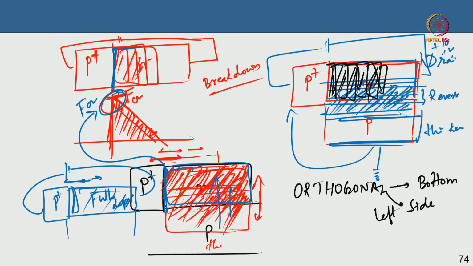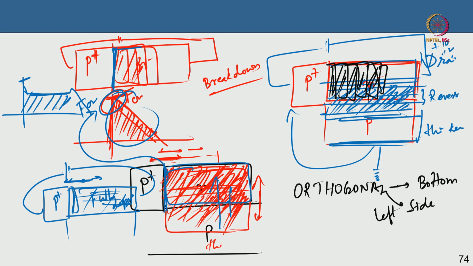They are already depleted due to the vertical junction depletion. So, the lateral field, instead of looking like a triangle, will look like this. It is a constant field because it is fully depleted. So, the area has increased, the breakdown voltage has increased, and it is still not reached the critical field.